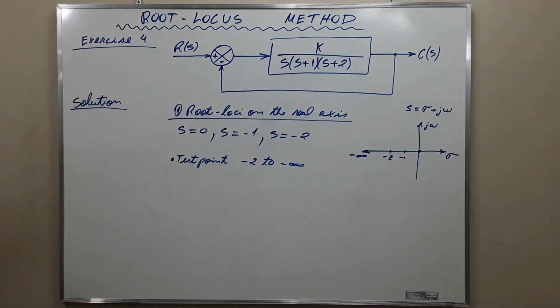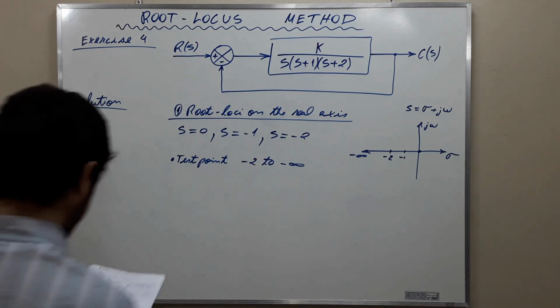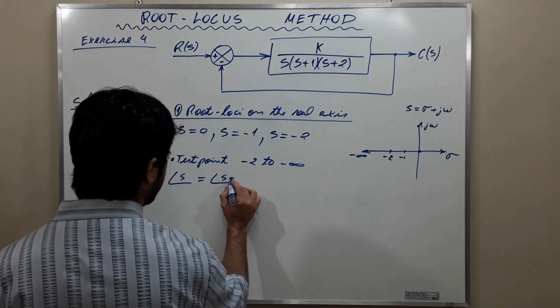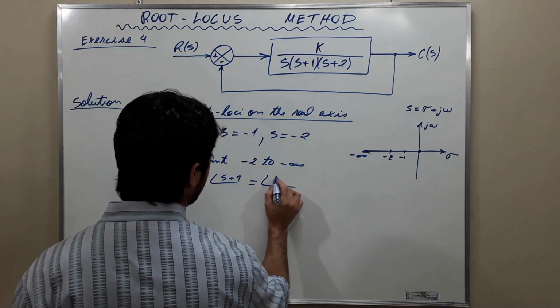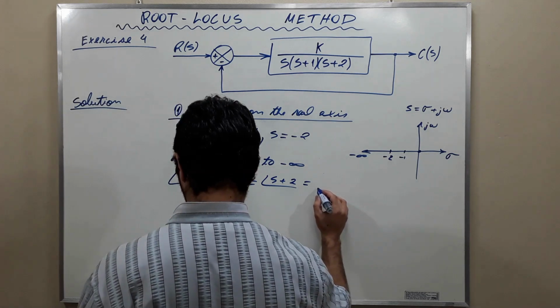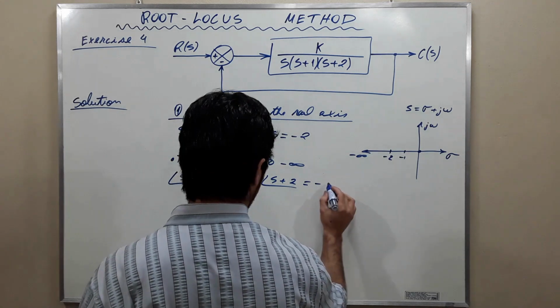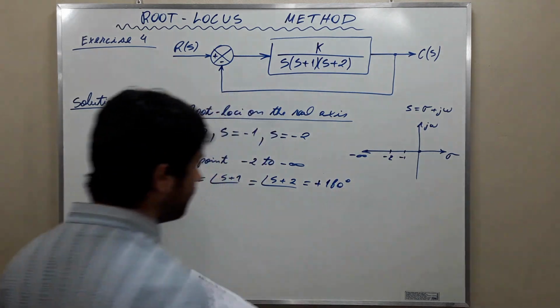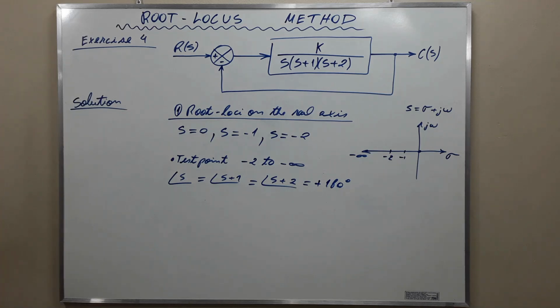We are going to see whether this portion of the real axis belongs to the root locus. Here we see that the angle of s is equal to the angle of s plus 1, which is equal to the angle of s plus 2, and they are equal to positive 180 degrees.